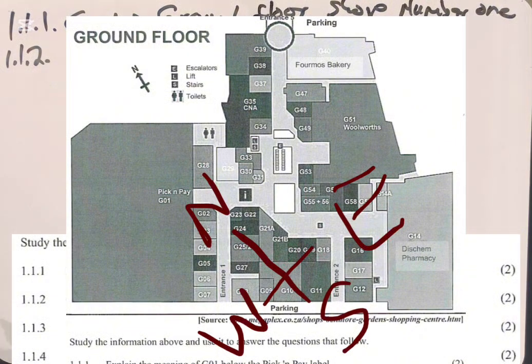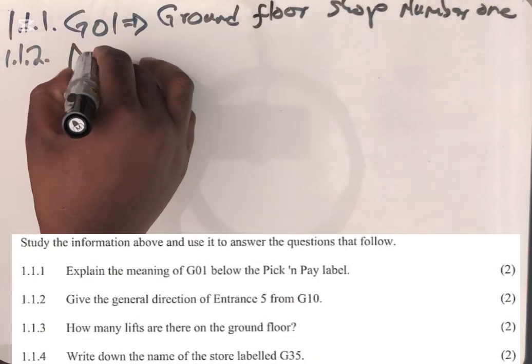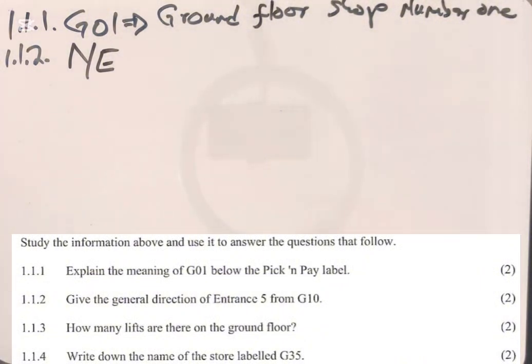Not to forget, we should make sure that we don't change the direction of our original compass direction in terms of this question paper. And when we draw this compass direction here at G10, we can see that entrance number 5 is at northeast. Northeast. That is going to be our direction.